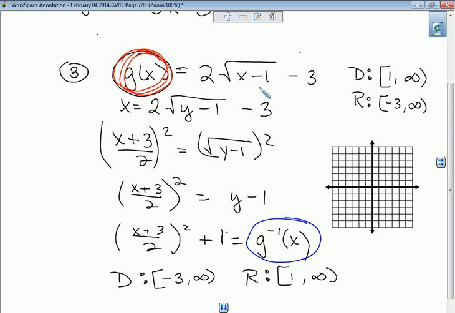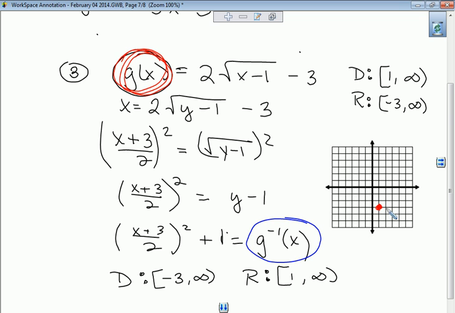Where would it start? 1, negative 3. Does it at least look gray? Okay, cool. All right, so this is something I'm taking the square root of, right? So what is the square root of 1?